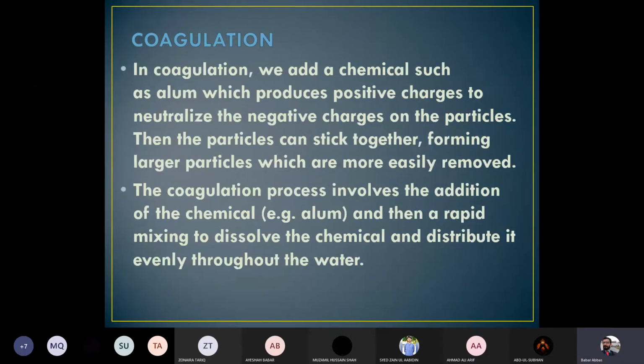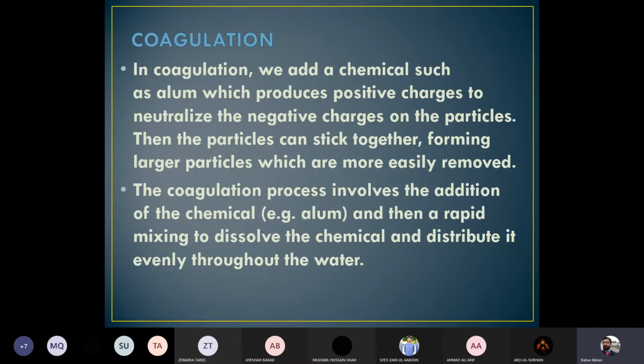In coagulation, we add a chemical such as alum, which produces positive charges to neutralize the negative charges on the particles. Then the particles can stick together, forming larger particles which are more easily removed.